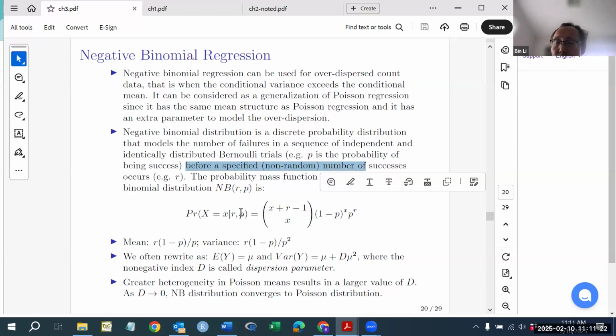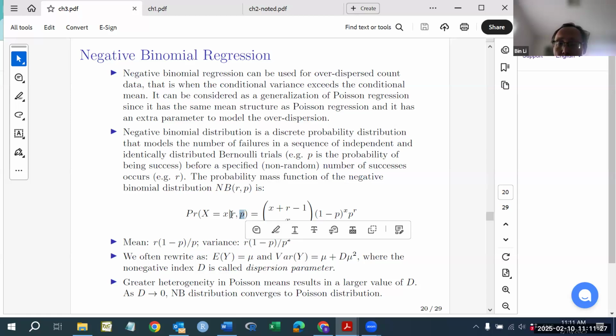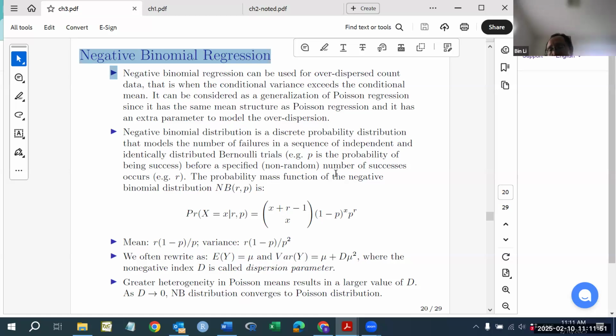pre-specified. Okay, so let's say p is a certain value, that's the probability of success, and r, let's say, is 2. So the number of failures that we need to have before we get r successes, with the probability of success for each trial being p, follows a negative binomial distribution. That's the number of failures we will get.